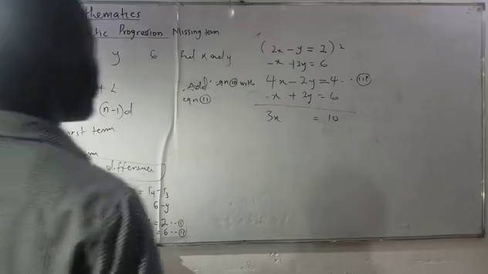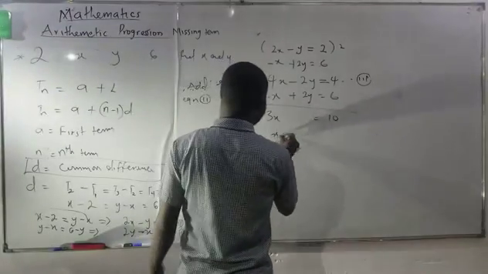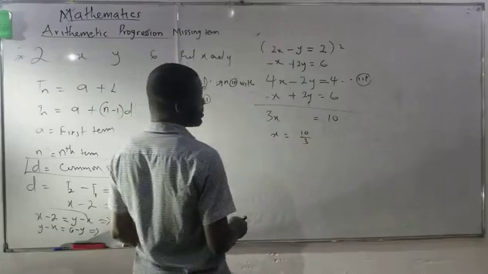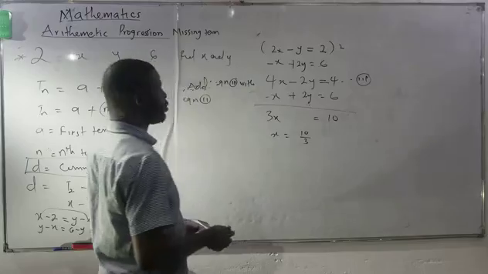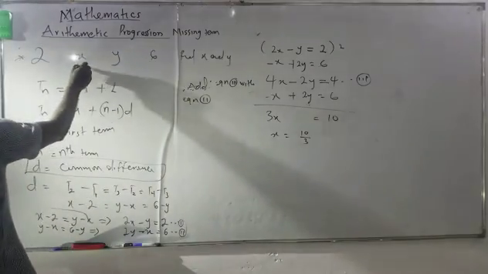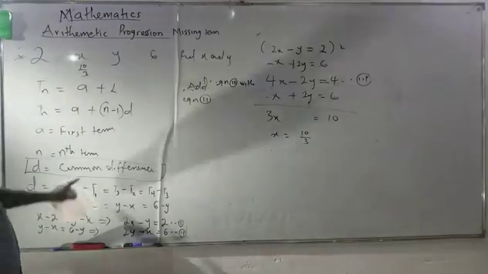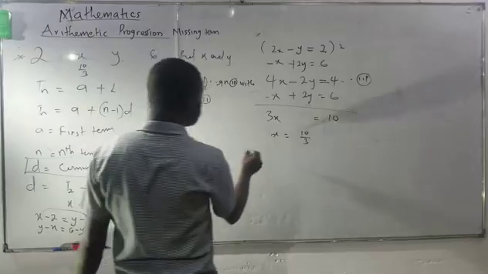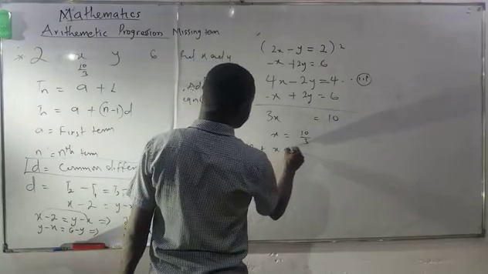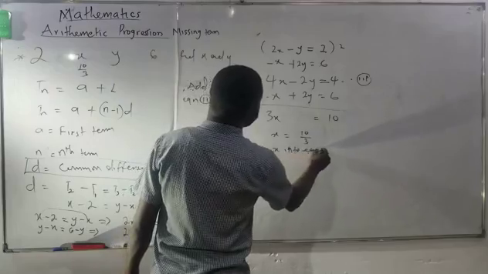Now, from there I can say that x will be equal to 10 all over 3. That is my x. It means the number here is 10 all over 3. And also for y, I put x into an equation.